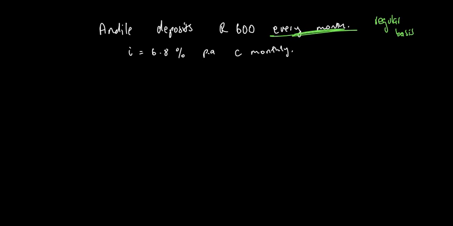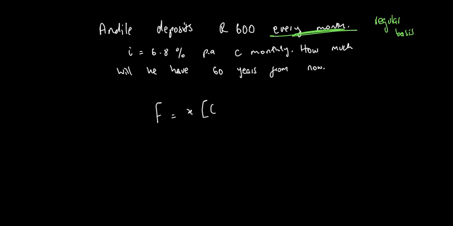So we're going to ask how much will he have 60 years from now? Because they said every month, it's a regular basis question, so we have to use future value there.